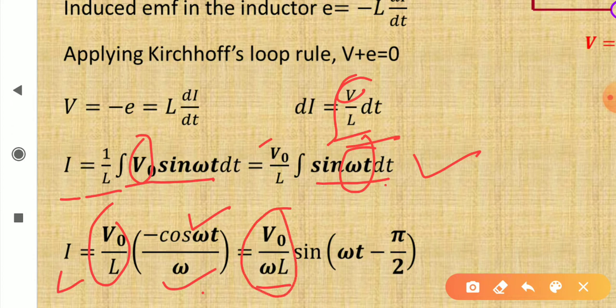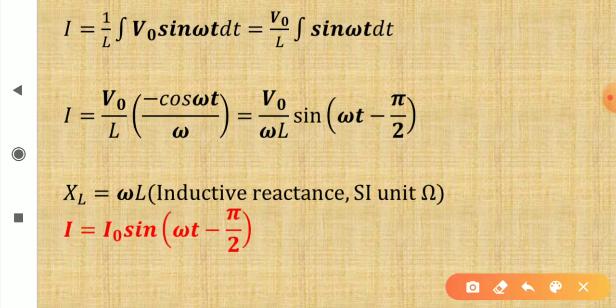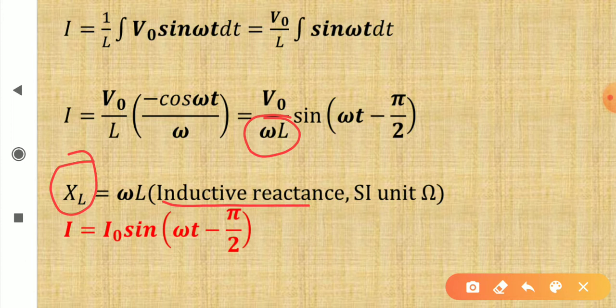upon omega L. Okay. And now this minus cos omega t can be written as sine omega t minus pi by 2, right? And now this omega L is represented by XL, which is called inductive reactance.